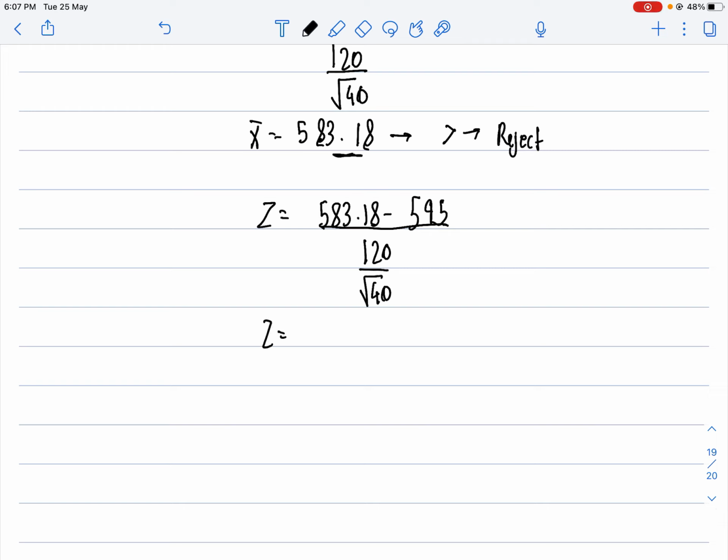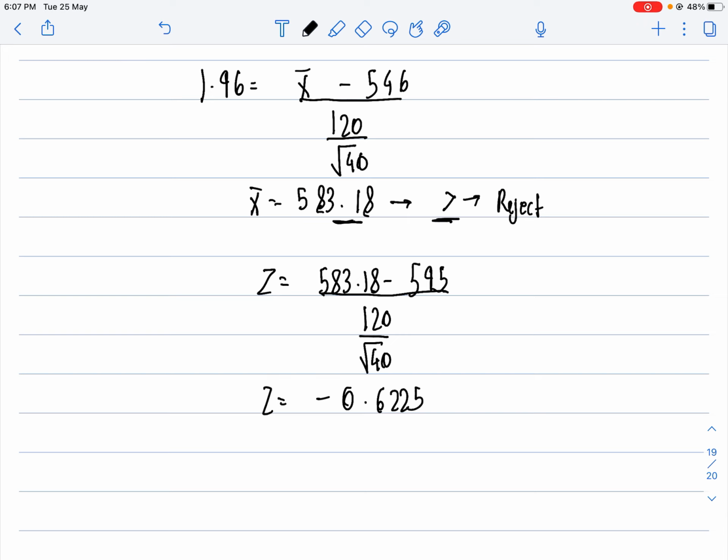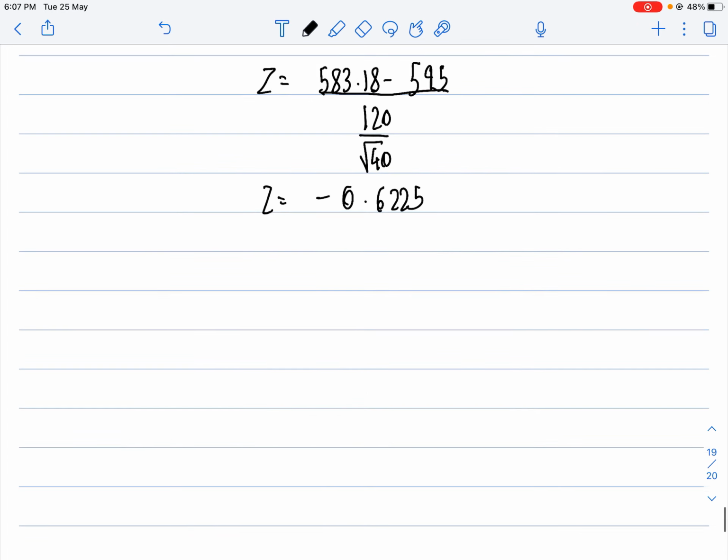Agreed? When I solve this, I get my answer as minus 0.6225. Now, I told you more than was rejection, so we need less than now because we need acceptance. So I write phi of minus 0.6225.